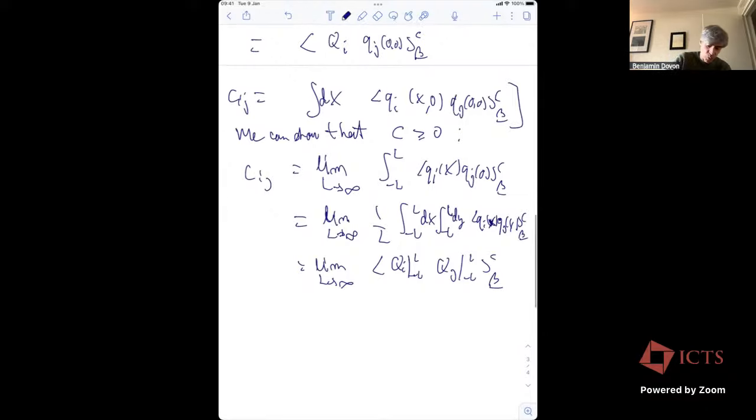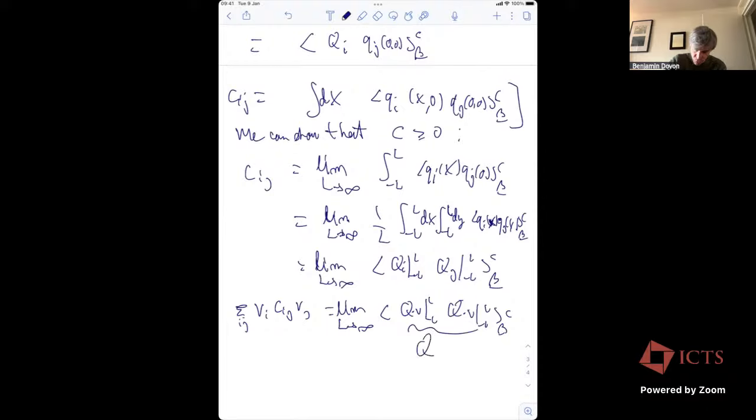So if I do the sum over i, j of Vi Cij Vj, to see if the matrix has positive or non-negative eigenvalues, I get the limit when L goes to infinity of Q dot V between minus L and L times Q dot V between minus L and L, which is just Q dot V squared, and that is non-negative.